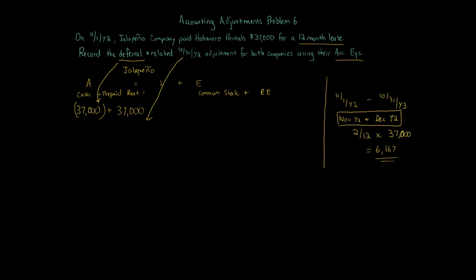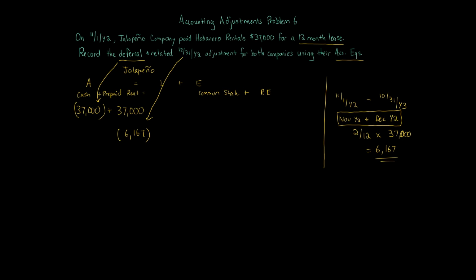So for that deferral adjustment, we're going to reduce the prepaid rent by $6,167 because remember, when you purchase a prepaid, that's an asset. A prepaid is an asset. However, assets, specifically prepaids, turn into expenses. In the future, they become used. So we're recording on 12/31 the use of November and December, 2 months of the prepaid.